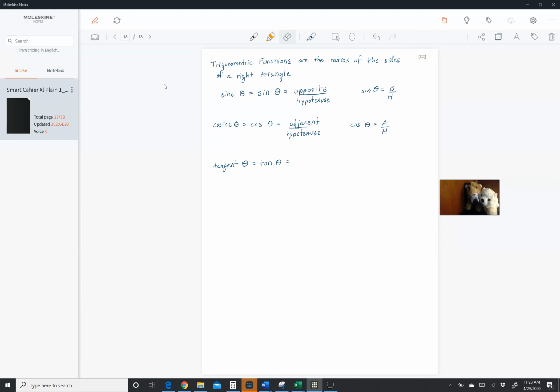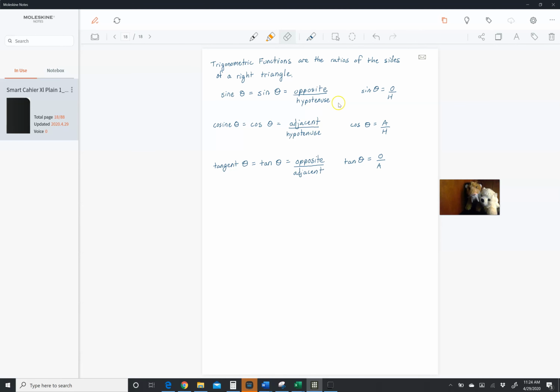So this is the only one that sometimes people will speak the abbreviation to. And this one is opposite over adjacent. So tangent of theta is O over A.